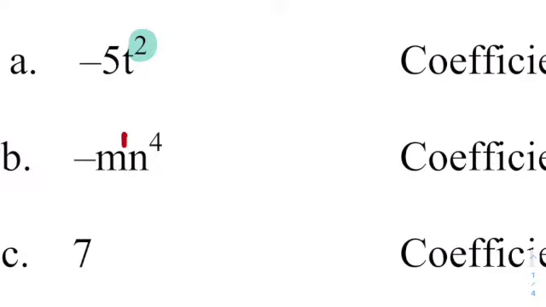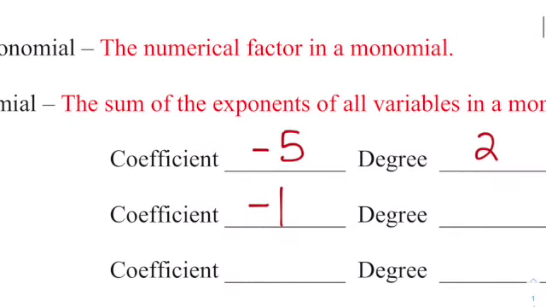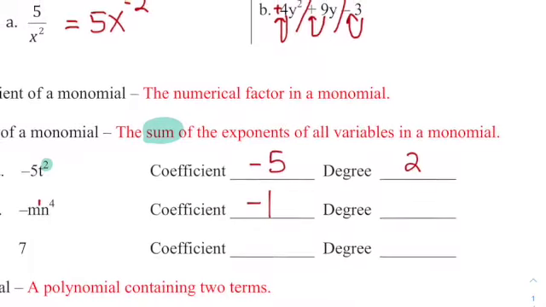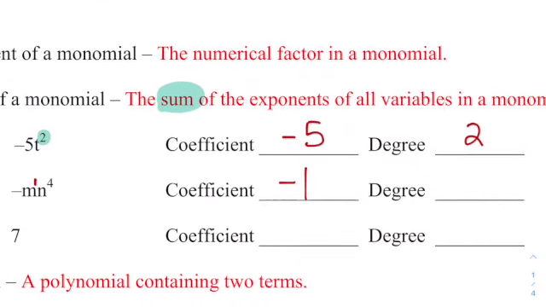And because that is a 1, and the definition says the degree is the sum of the exponents. Here's the key word: sum of the exponents of all the variables. So you have to add them together in the monomial. So in this case, the degree is going to be 1 plus the 4, and that's really degree equals 5.